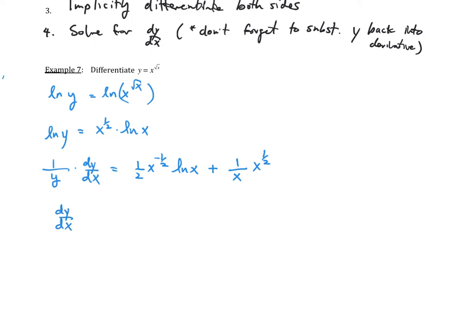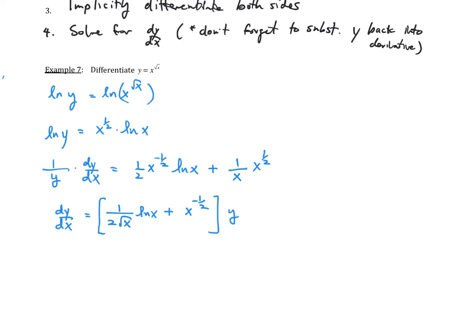On the right-hand side, we're going to have 1/2 rad x, natural log of x, plus, when we simplify x to the 1/2 divided by x, that simplifies to x to the negative 1/2. And then we want to take this whole expression and we want to multiply that by y.